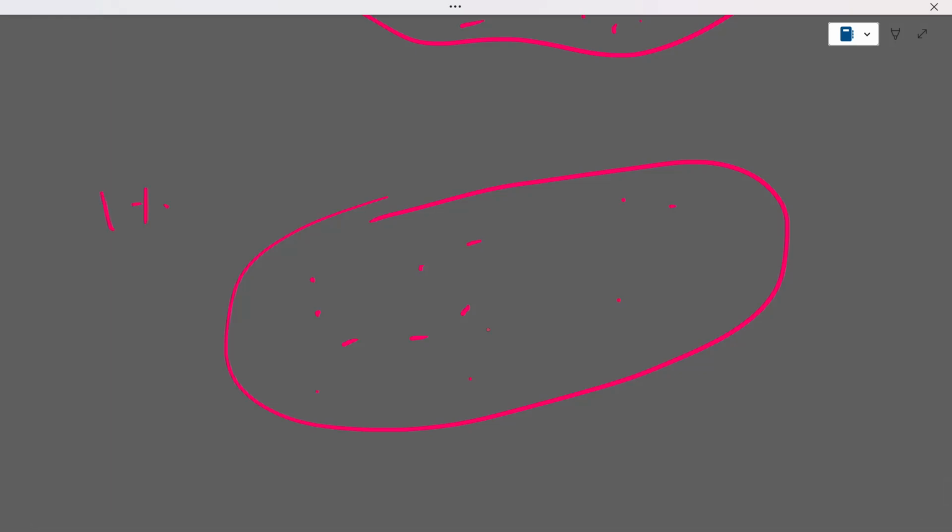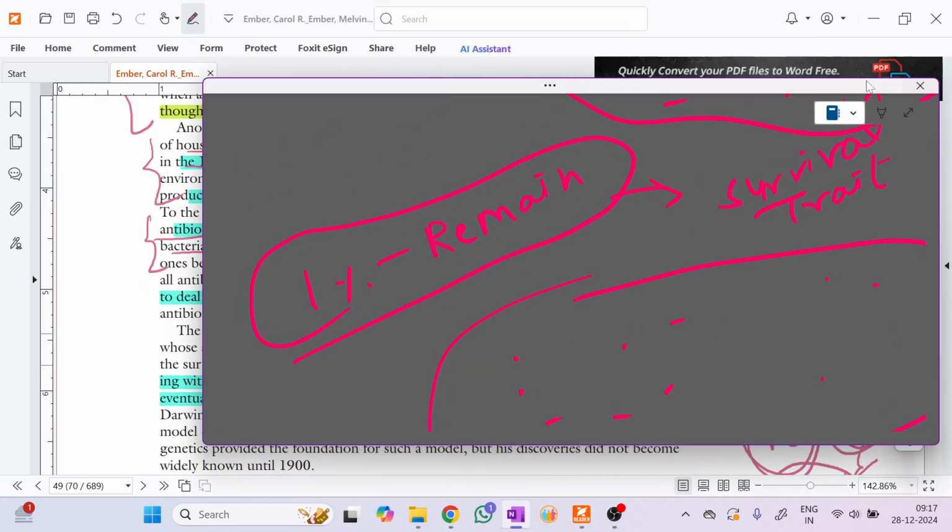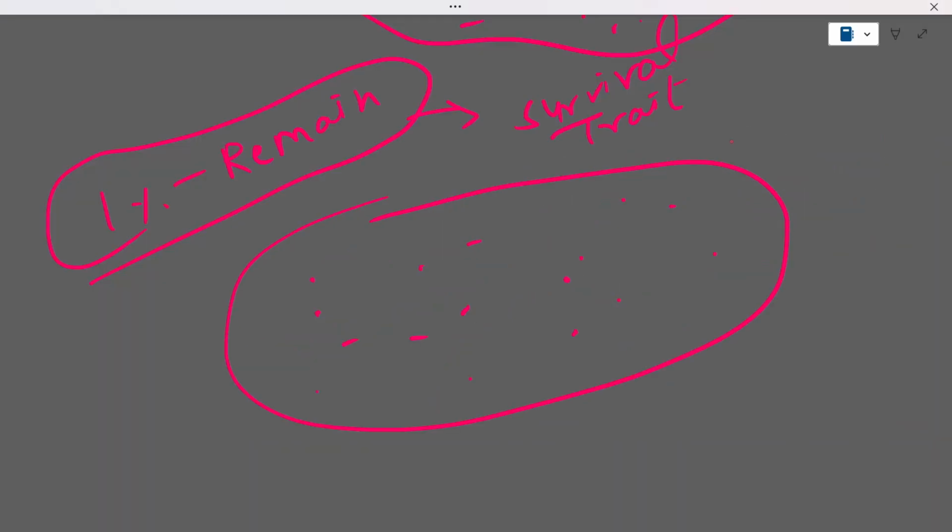Let's say 1% remain, and that 1% of bacteria are those that have a survival trait, a variant that helps them survive, helps them build immunity against the application of antibiotics.